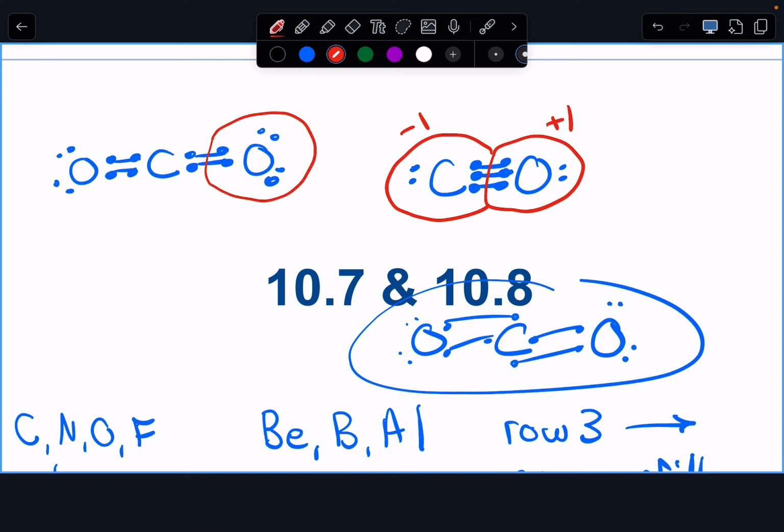I'm going to look at just the electrons that immediately are surrounding the atom. Well, of course they match what they started with because we didn't move any of them, right? We didn't move any electrons from carbon, so it started with 4 and it still has 4. So that's a 0 formal charge. Oxygen started with 6, ended with 6. So 0 formal charge. And we know that's the case because when we drew the structure, we didn't have to move anything. We just paired things up and everything worked out nicely.